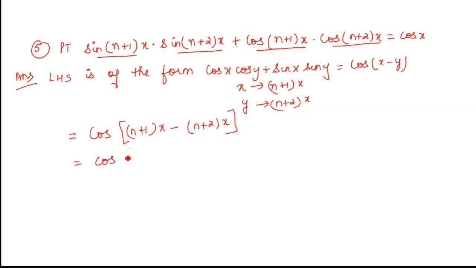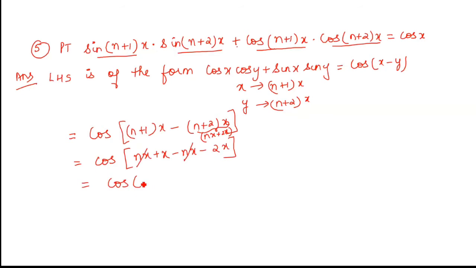So it is cos of (nx plus 1 into x, which is x). Be careful here, a minus sign is there. So this is nothing but nx plus x minus nx minus 2x. If you are not able to understand, first write like this, then open the bracket if you're getting confused. So what has happened inside the bracket? nx gets cancelled, plus and minus. 1 minus 2 is minus 1.